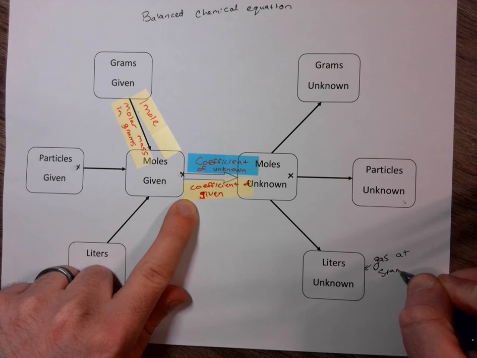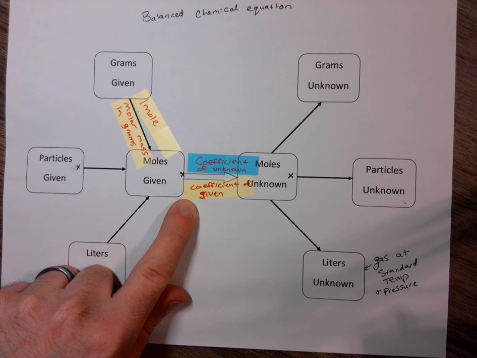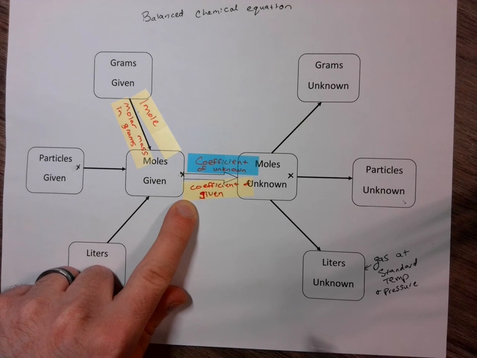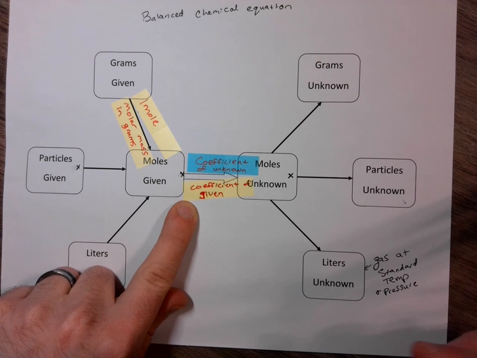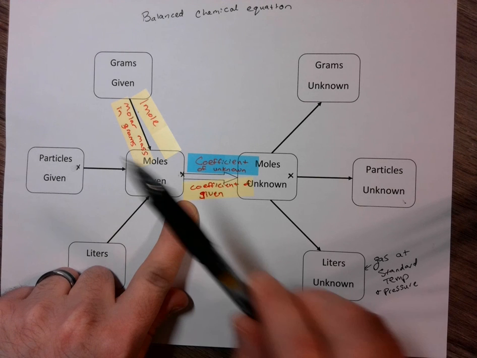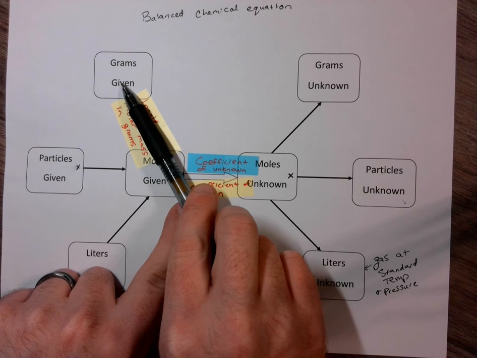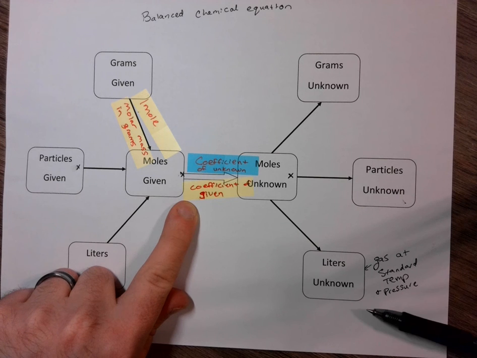I'm just giving you an idea of a type of question it could be asking. This next one asks us to go from grams of a gas. It wants us to tell how many liters of that gas or of a different gas are produced.